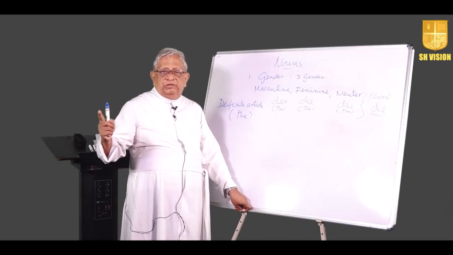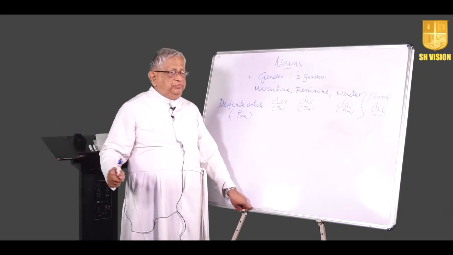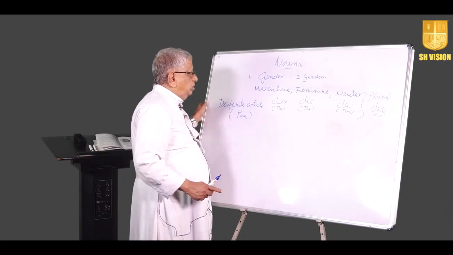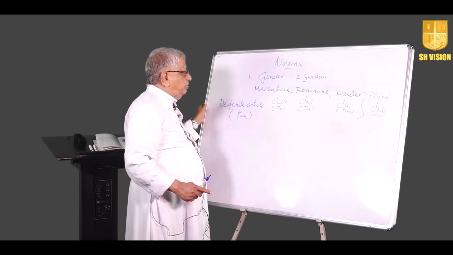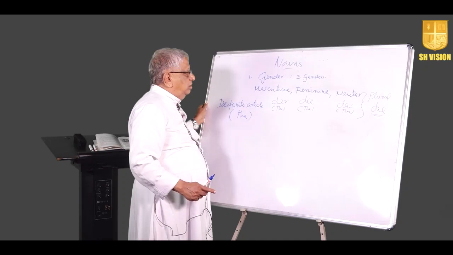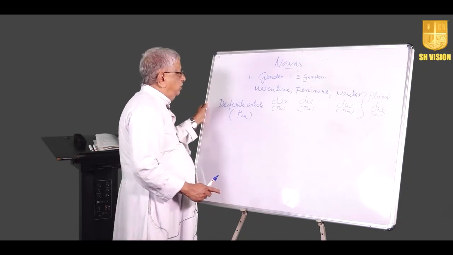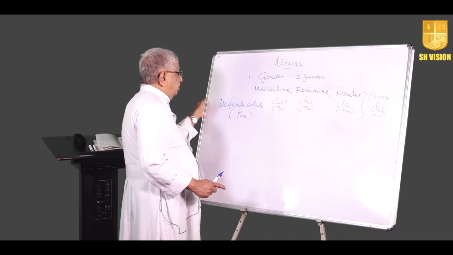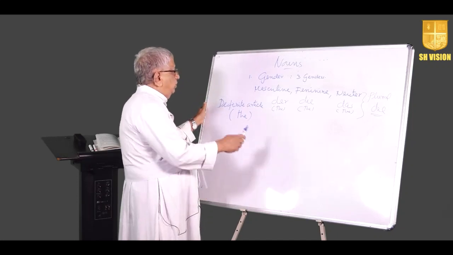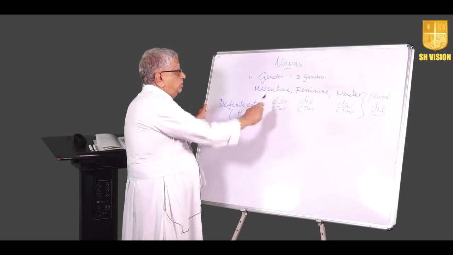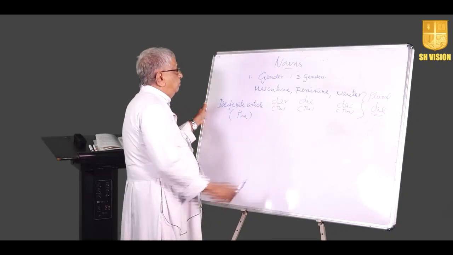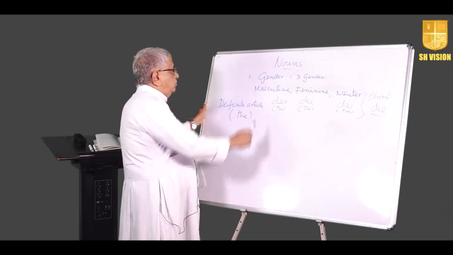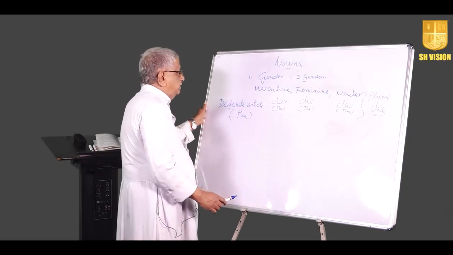So, declension of a noun and conjugation of a verb. This is the nominative case. So for nouns you have to look into gender, number and case.